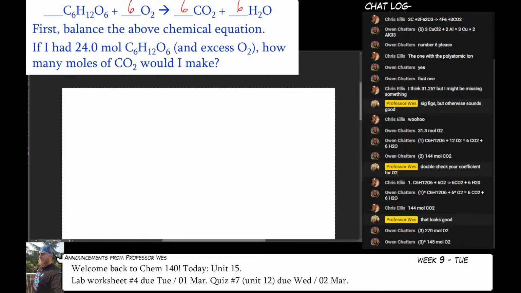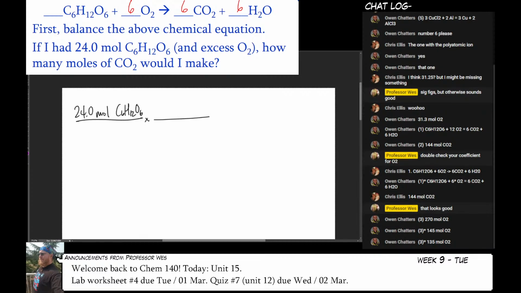So let's see here. I have 24 moles of glucose. And I want to know how many moles of CO2 would I make? So we'll go moles of glucose, moles of CO2.